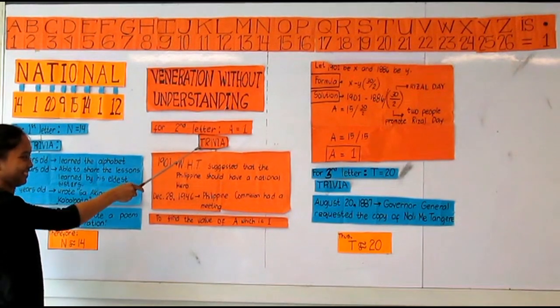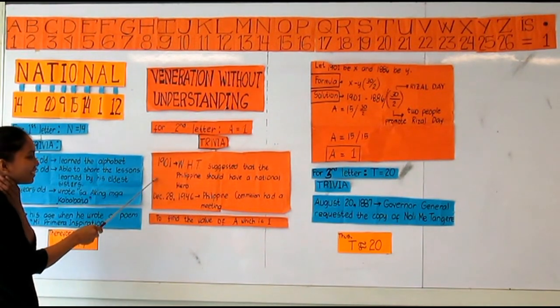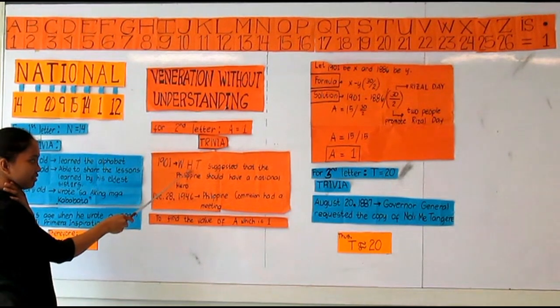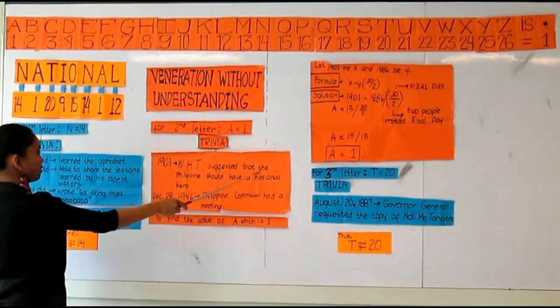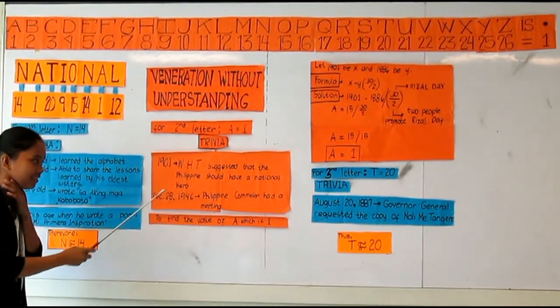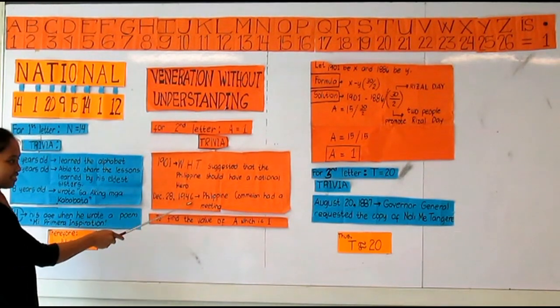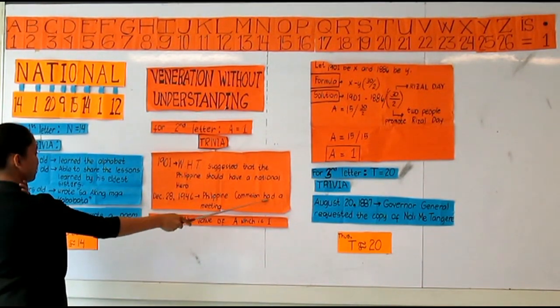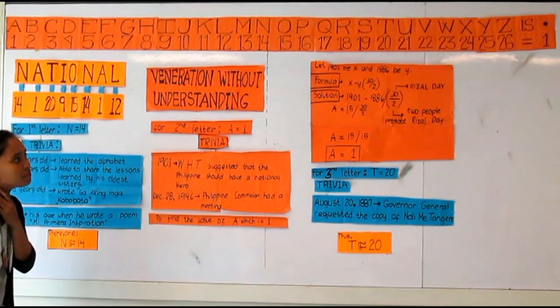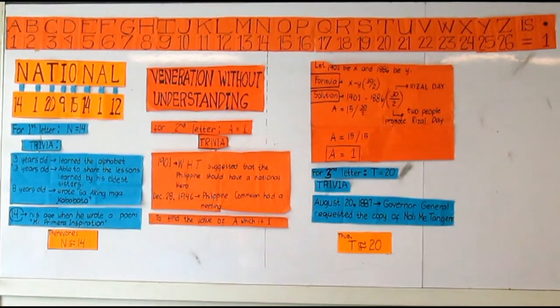here are some trivias. In 1901, Governor William Howard Taft said that the Philippines should have a national hero. So on December 28, 1946, the Philippine Commission had a meeting regarding the national hero of the Philippines, led by Pardo de Tavera and Luzuriaga.